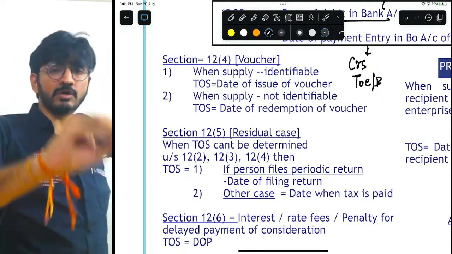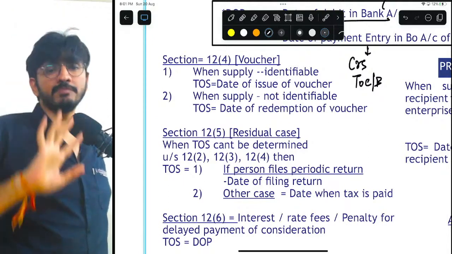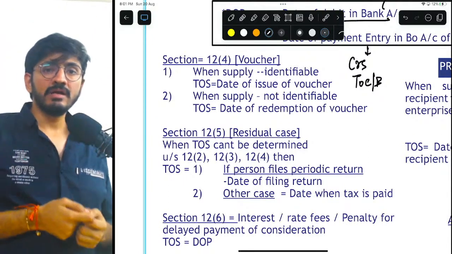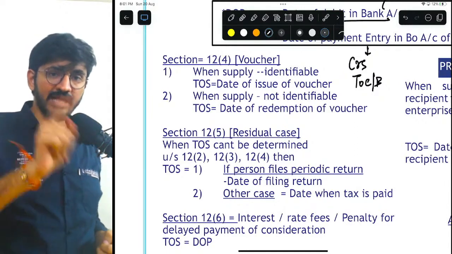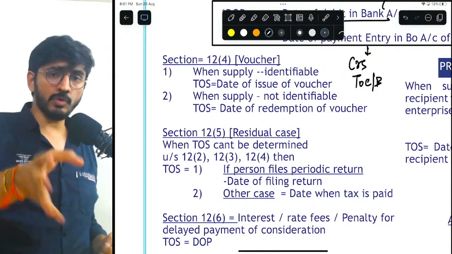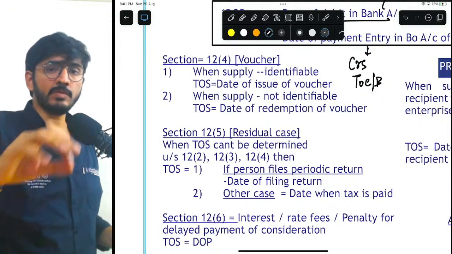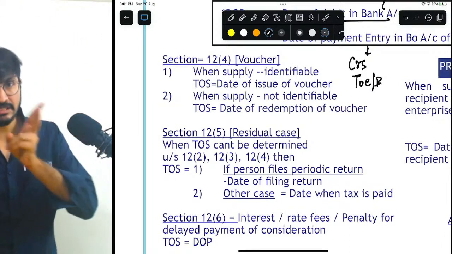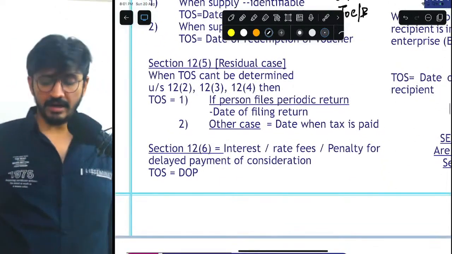At the end of the day, I know it's a cosmetic product. It will be subject to 28%. Then end of discussion. Whenever I have issued the voucher, on that day itself, I will consider that the goods are sold. And next month on the 20th, I will pay the tax.